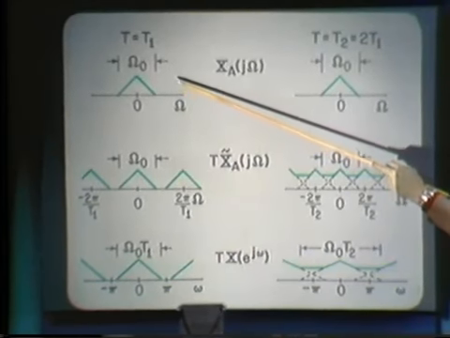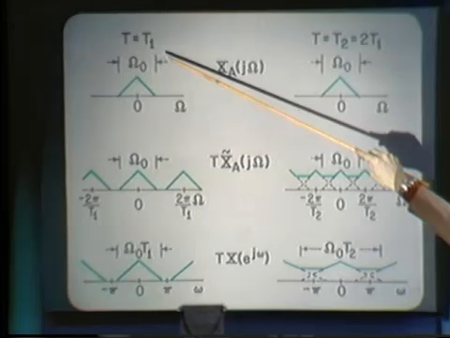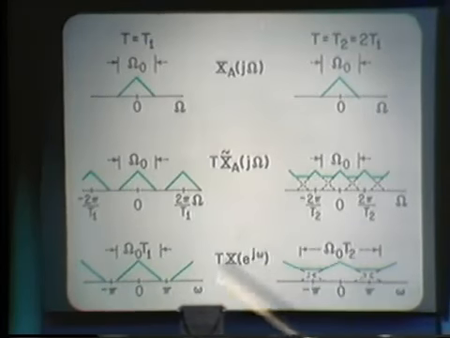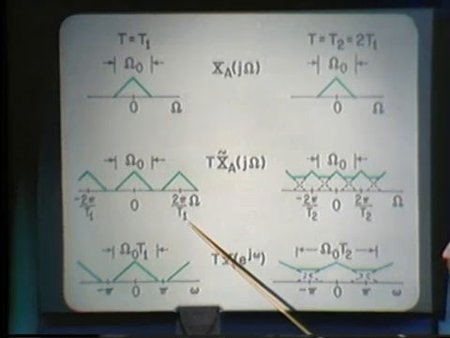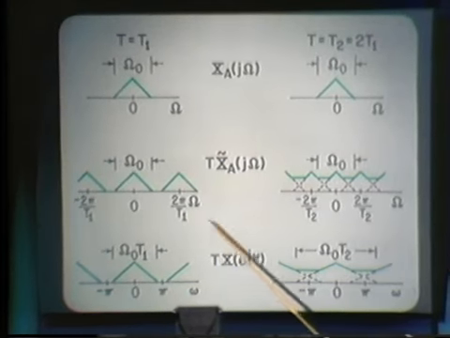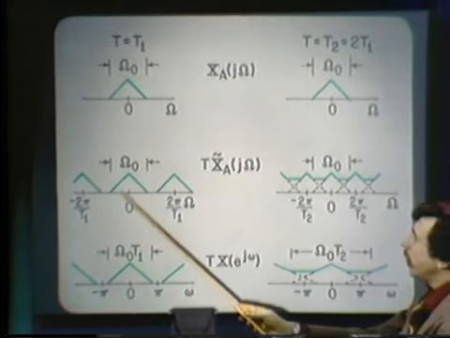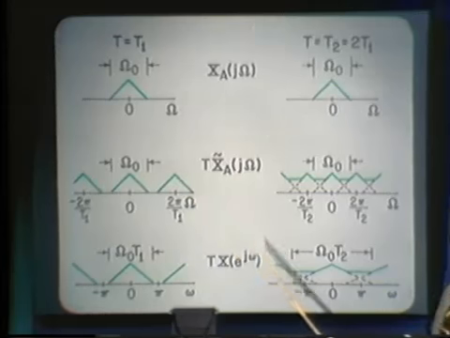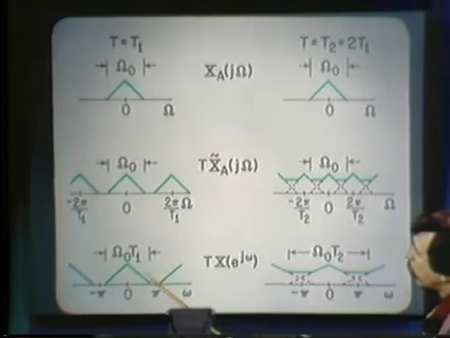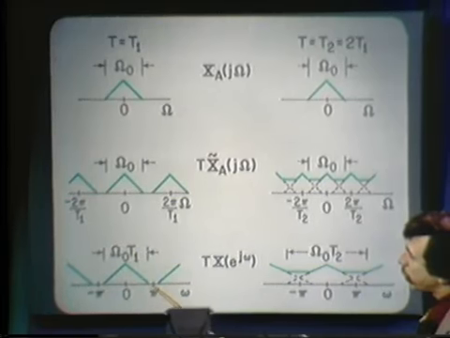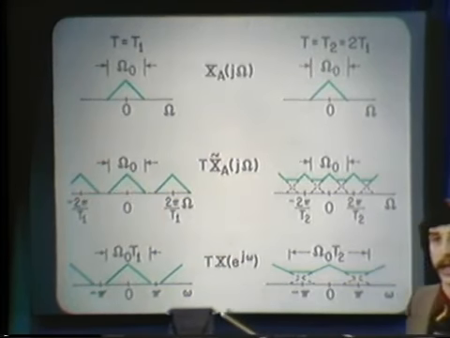Well, this is for one choice of the sampling period. Obviously, if capital T was large enough so that 2 pi over T was small enough, then each of these individual replicas of the frequency response would interact, and we wouldn't have just a simple separation of the spectra as we have here.